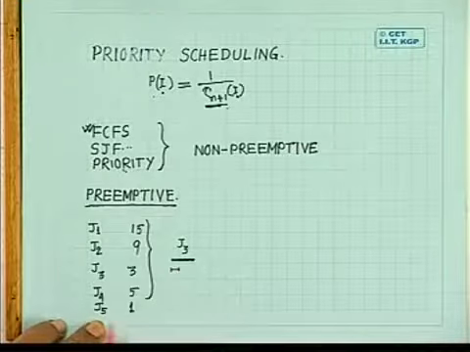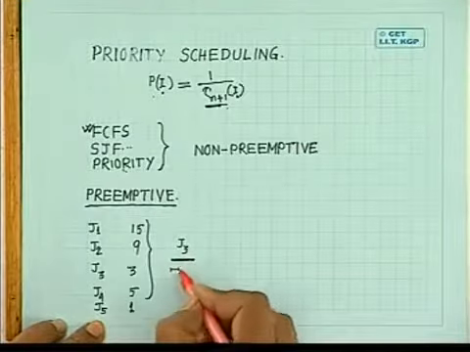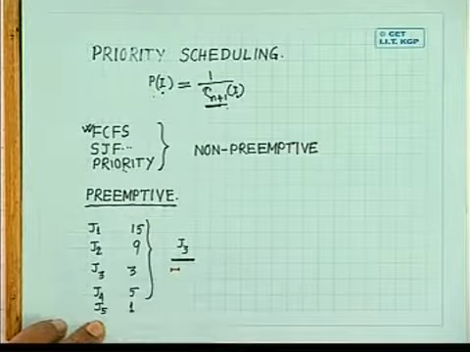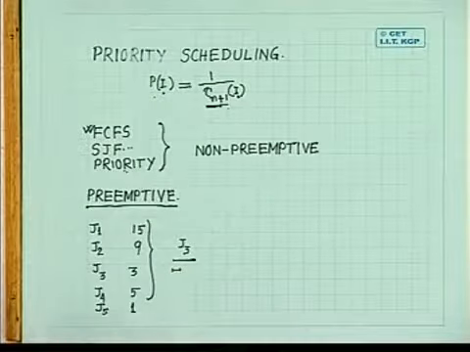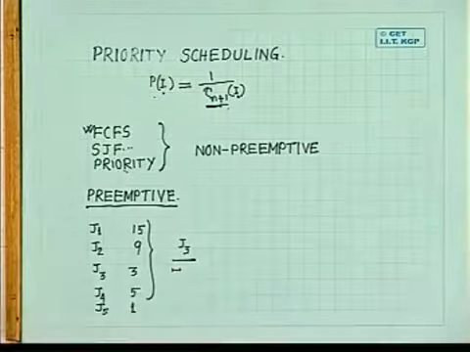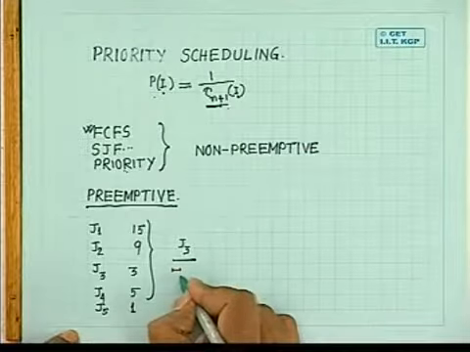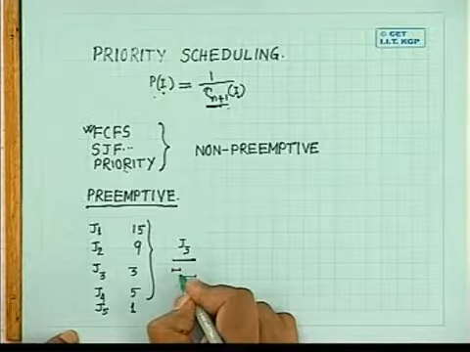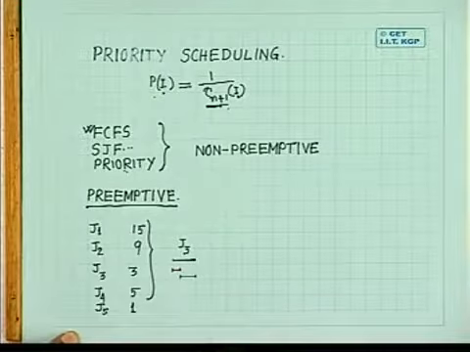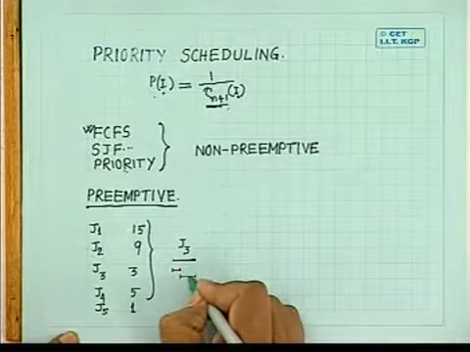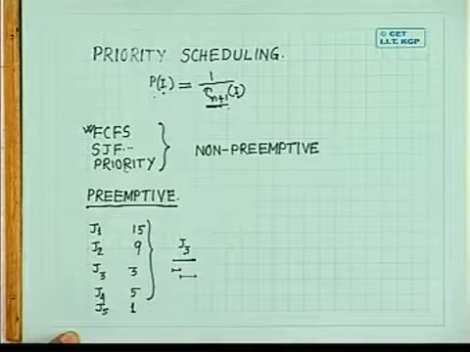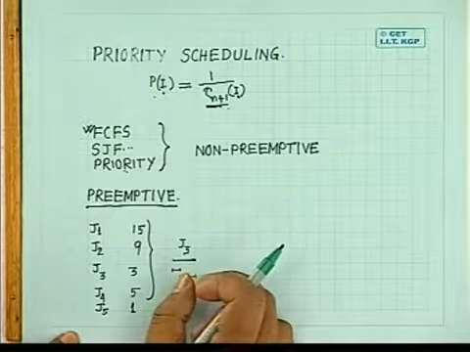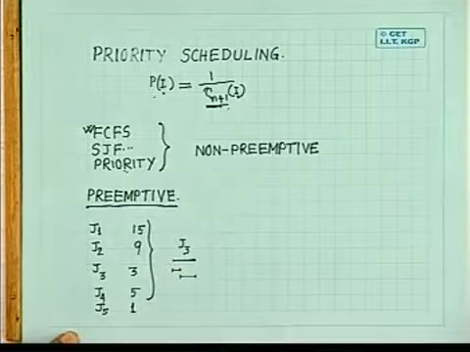So, what I have to do is terminate this job J3 here and start execution of job J5, and job J5 will be executed for 1 time unit, because its requirement is 1 time unit. And the remaining time of job J3 is 2 time units.